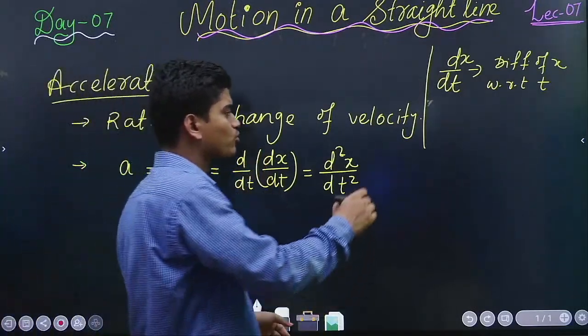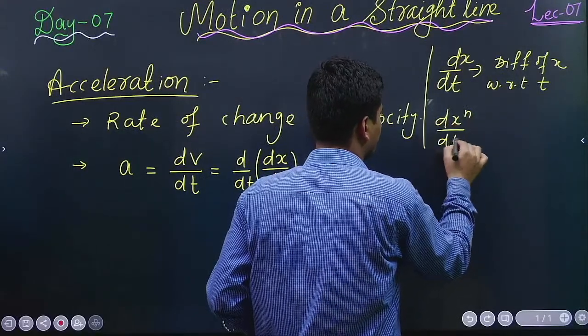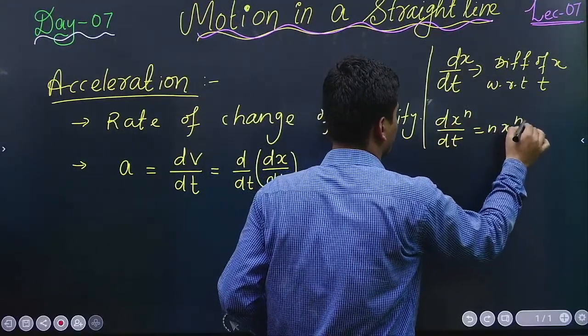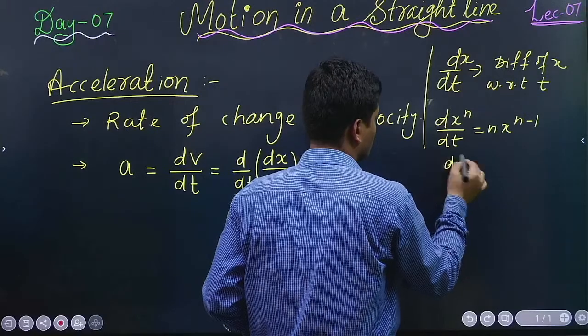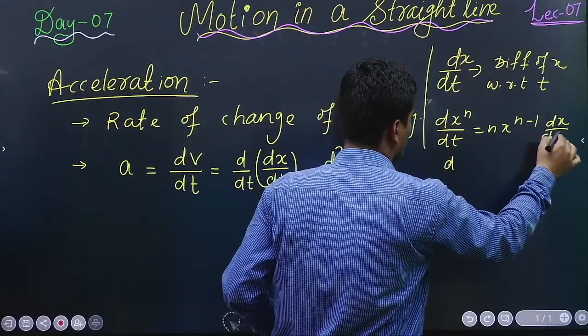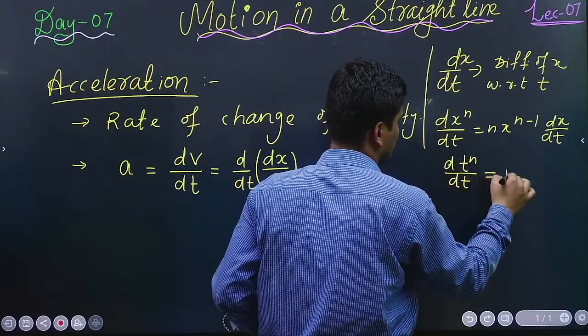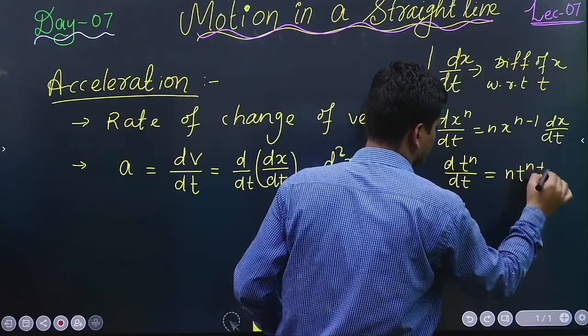There are certain formulas, but most of the time we'll use d of x to the power n by dx, that is n into x to the power n minus 1, and d of t to the power n by dt is n into t to the power n minus 1.